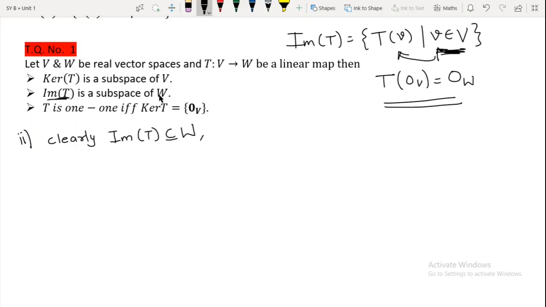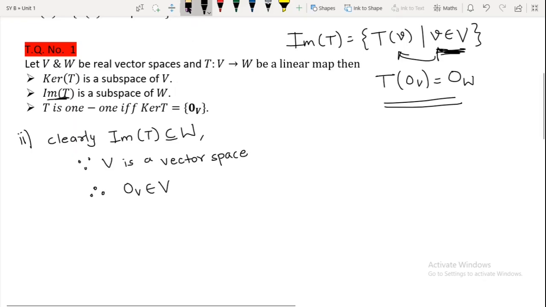As we already know, since V is a vector space, it is going to have a zero element, so it belongs to V. Now since we have an element of V, simply take the image of that and you will get an element of image of T.